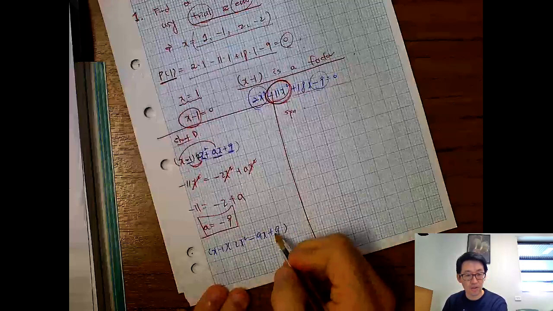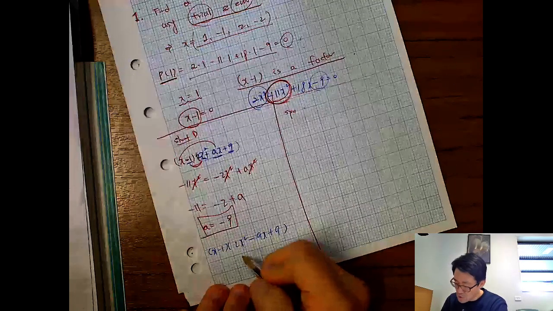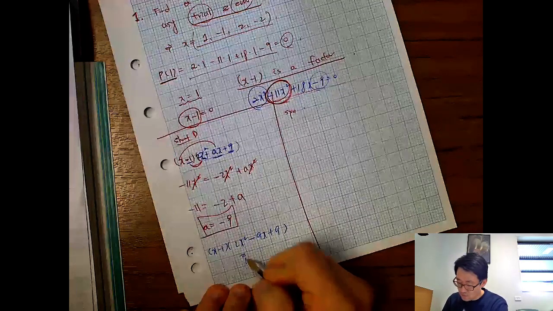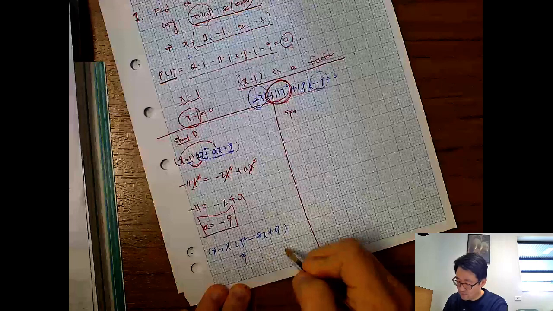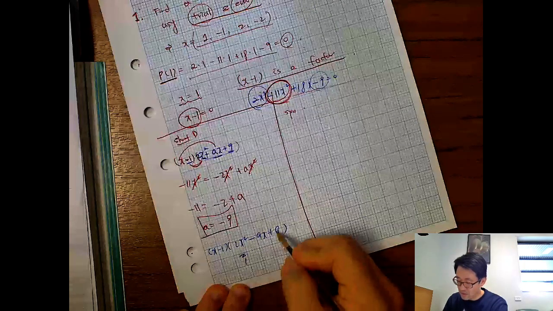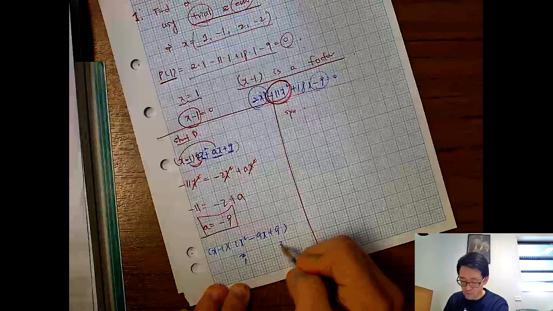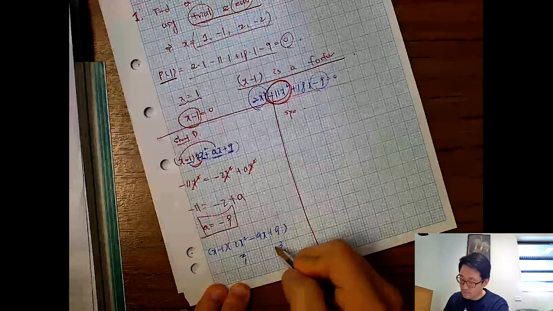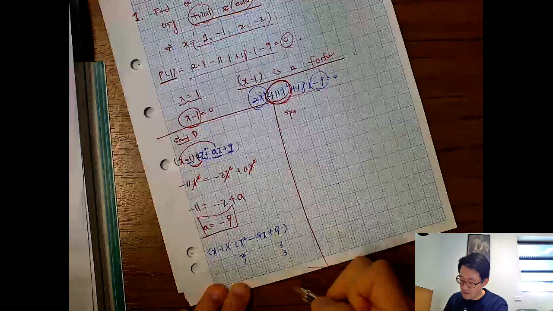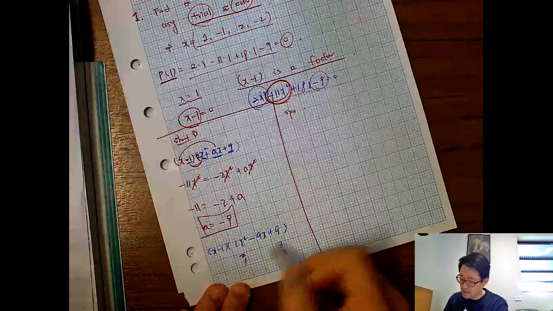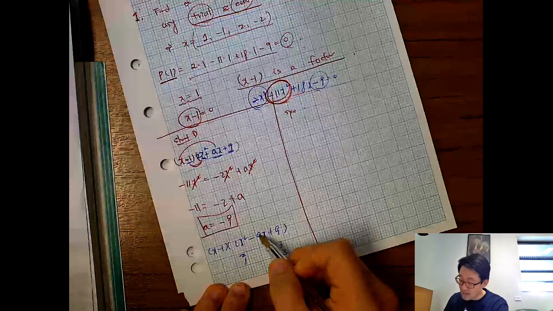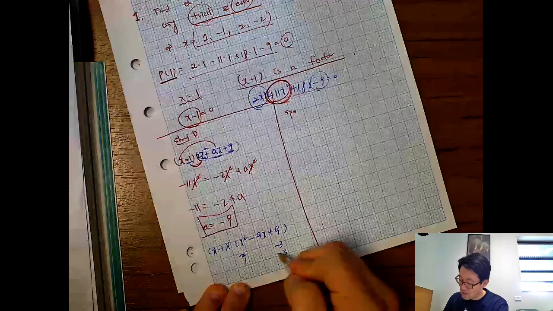I haven't finished it. Linear factors: 2, 1, 2, 1. That's a possibility. This one, 9, 1, 9. No, it's too big. 3, 3. And then 6, 3 makes minus 9, so I need negative and negative.